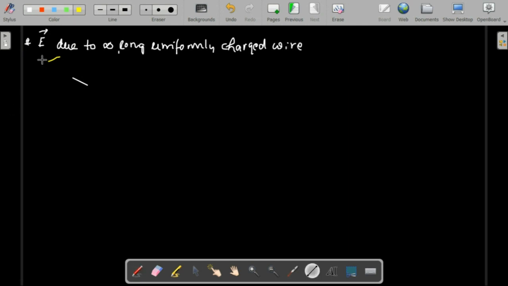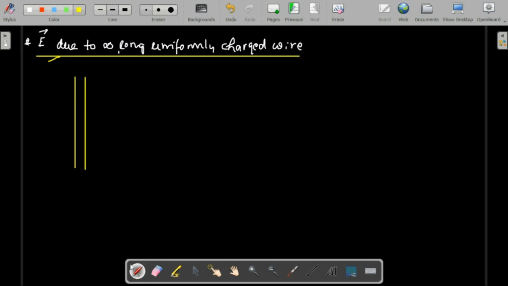Imagine you have a wire and it is uniformly charged, or uniformly the charges are distributed in this wire. So let's just draw that wire. Maybe I can draw it like this. This is a wire, and there are charges here.